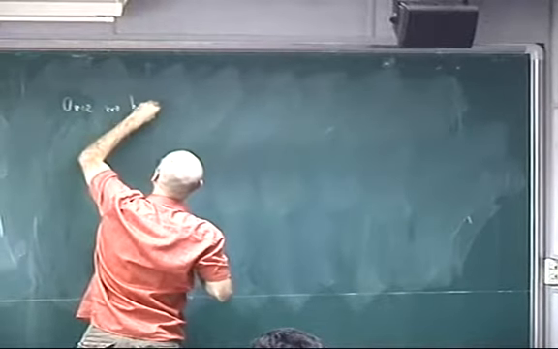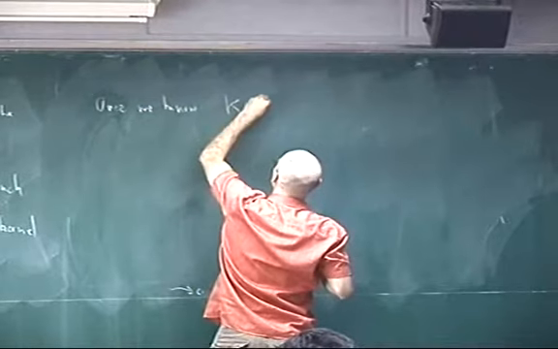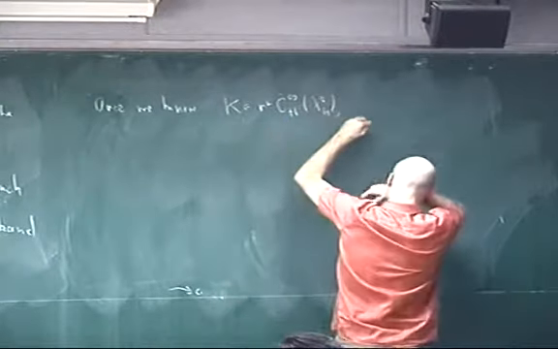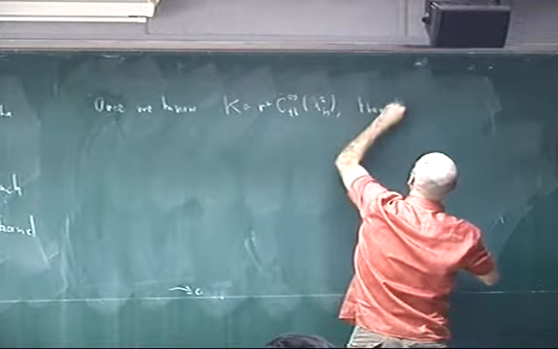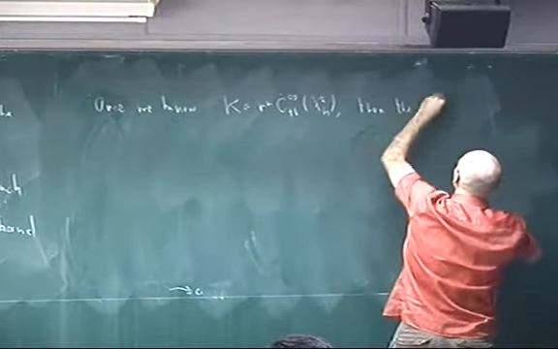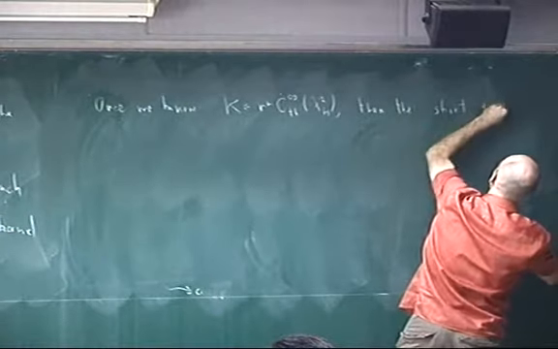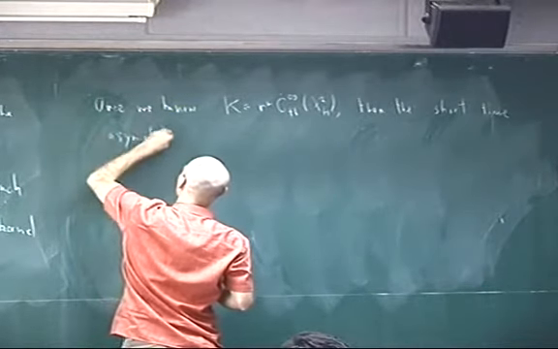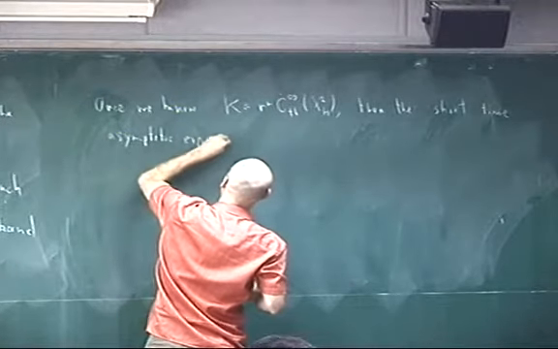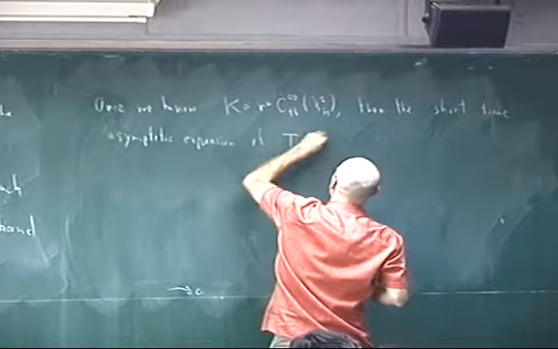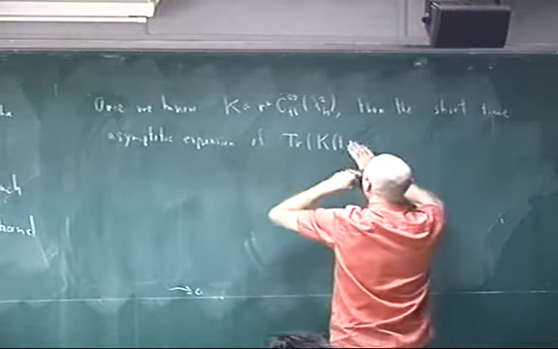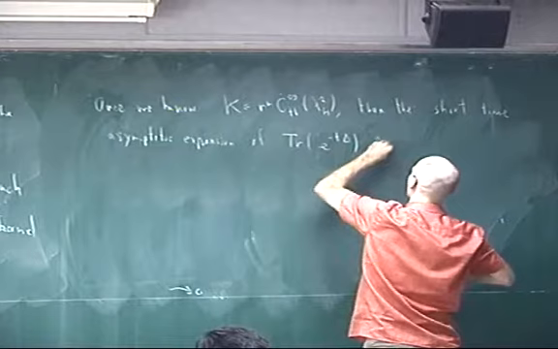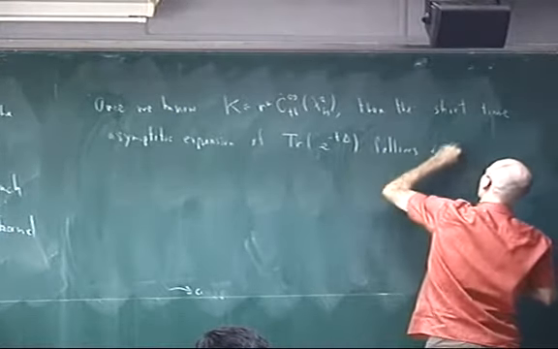once we know that K is actually in this space, then the short time asymptotic expansion for the heat kernel at T of trace of, yes.